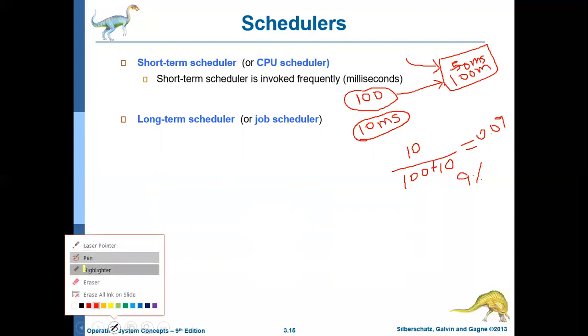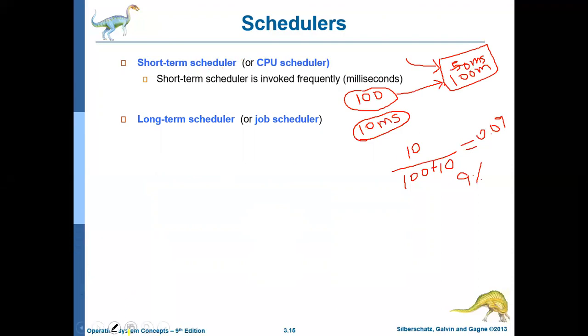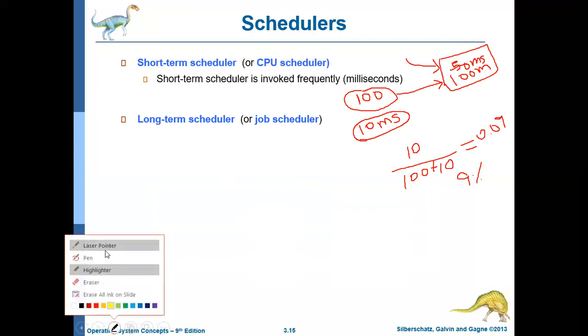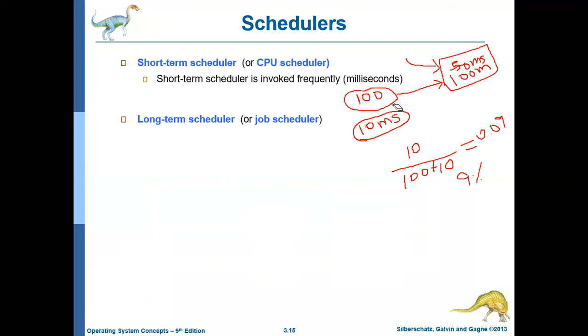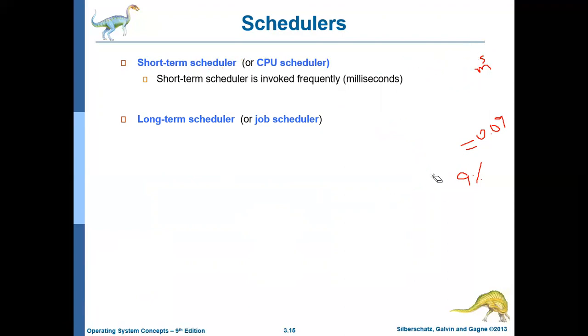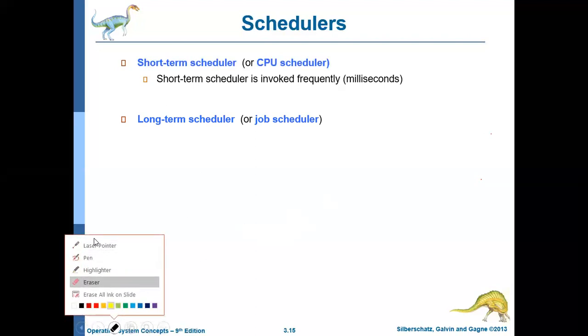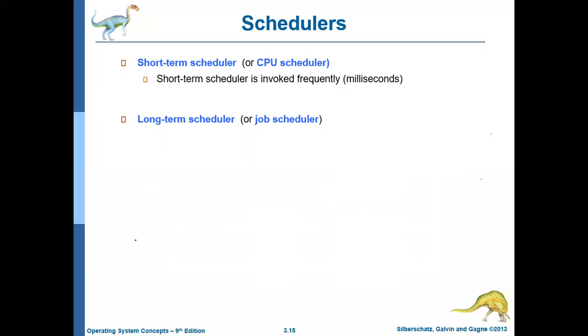The second type of scheduler that we have is called the long-term scheduler. The long-term scheduler moves processes from the hard disk to the ready queue. The short-term scheduler assigns the process from the ready queue to the processor, whereas the long-term scheduler moves processes from the hard disk to the ready queue.